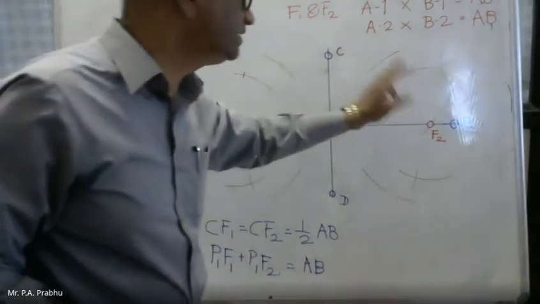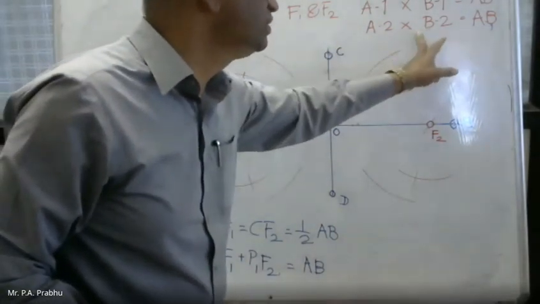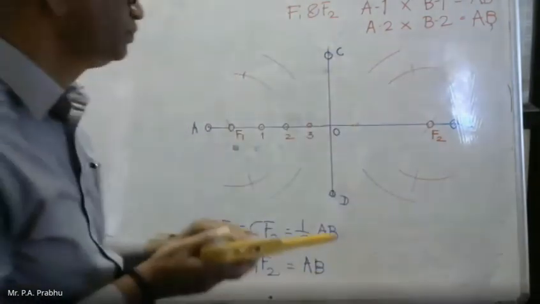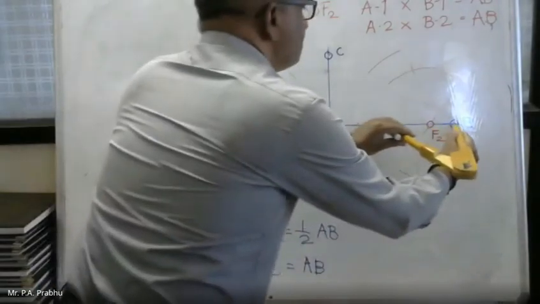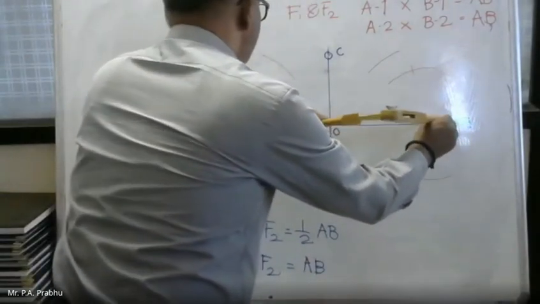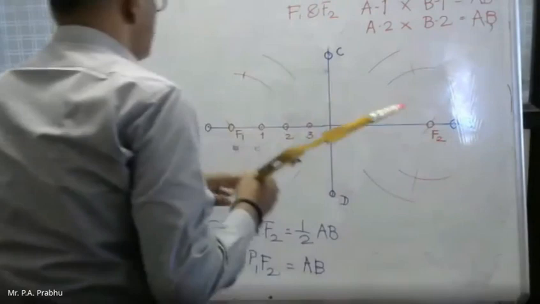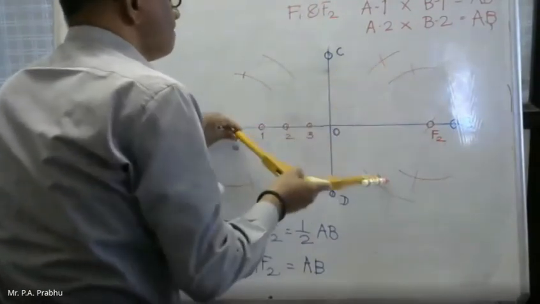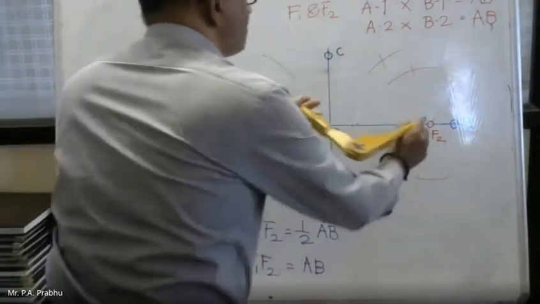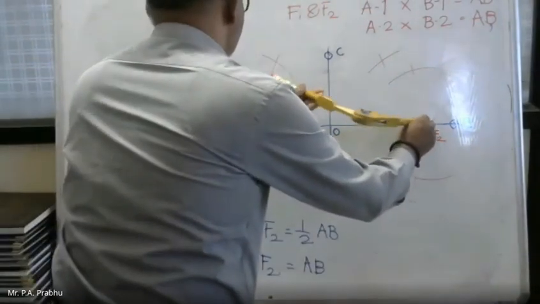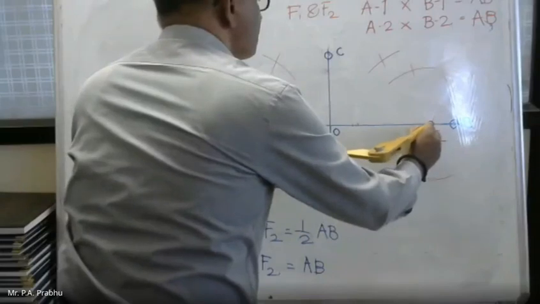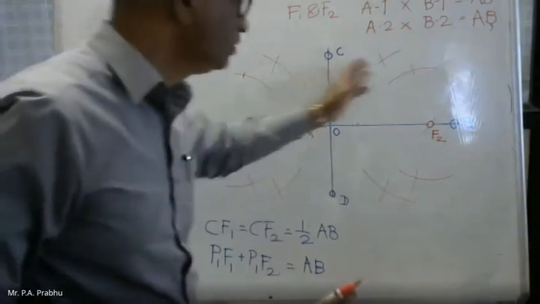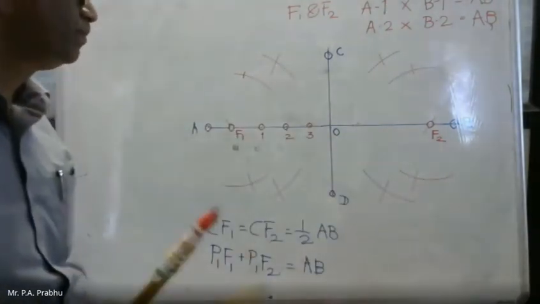Now, to intersect this arc, change the radius. Now take the radius AB minus A2, that will be equal to B2. So we have again found 4 more points.